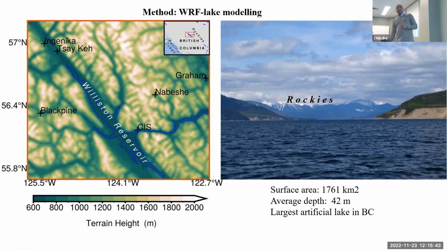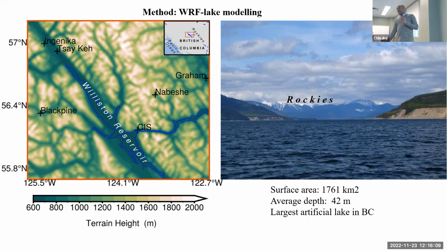If you look here, it's not so straight. North-south is about 255 kilometers. West-east is about 155 kilometers. The surface area of this reservoir is 1,761 square kilometers, and the average depth is 42 meters.